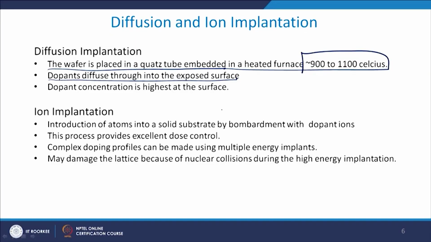Please understand, diffusion is again a temperature dependent phenomenon, right. So, the on-chip temperature, which is basically my heated furnace, will determine the most optimal procedure for fast movement of dopant ions through diffusion. So, it is very critical to set the temperature of the quartz tube in such a manner that it is the most optimized one.